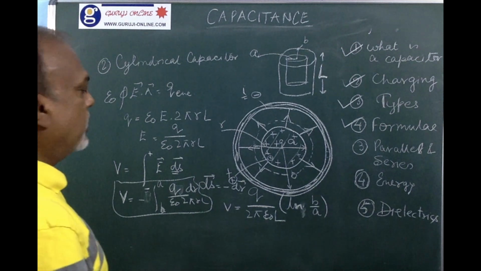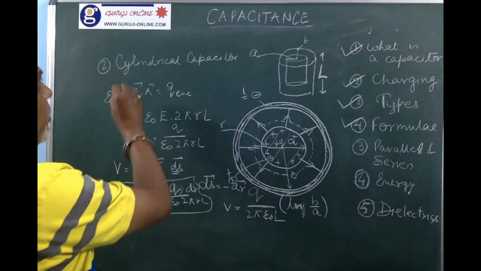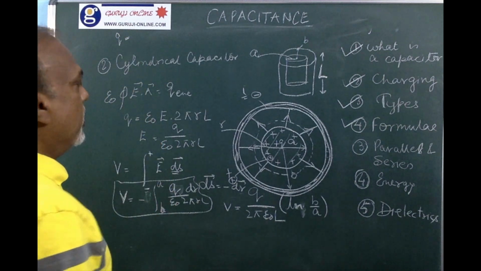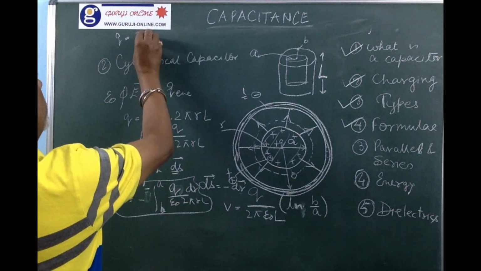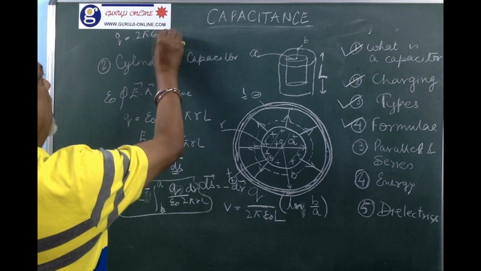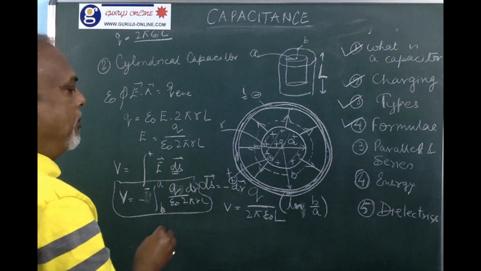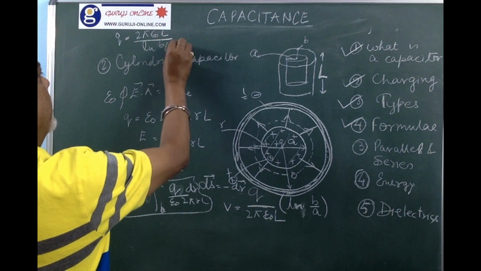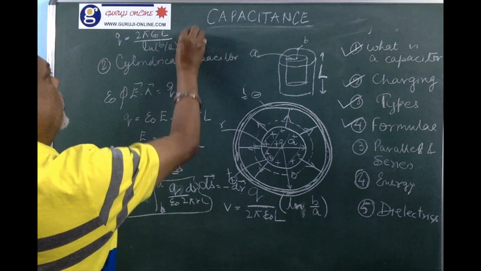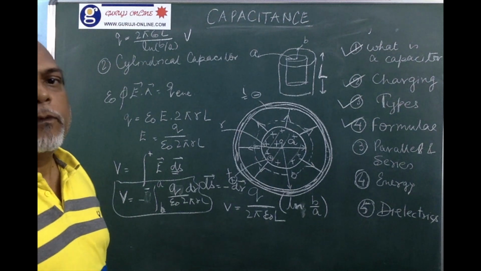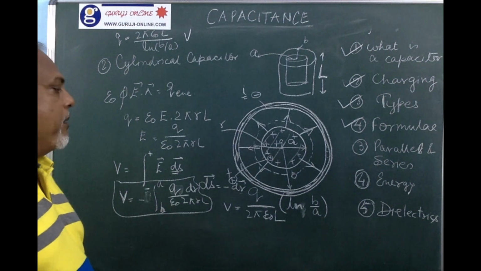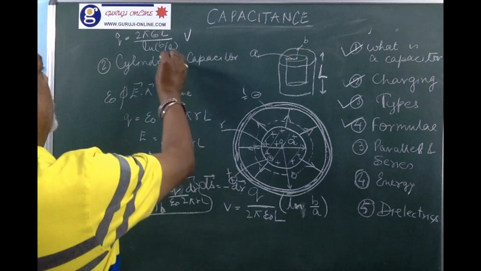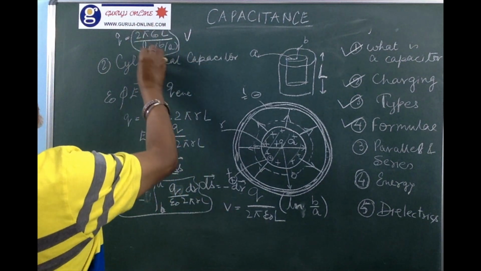Now it can be rearranged. Q is equal to 2 pi epsilon 0 L upon log B upon A, into V. Correct? What is this? This is nothing but Q is equal to CV.